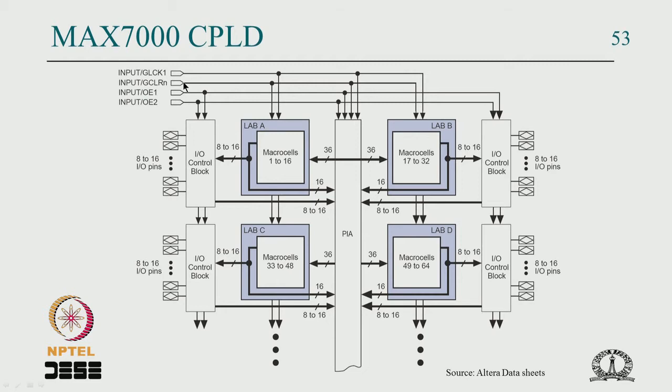Similarly there is a global clear, that is an asynchronous reset which can be connected to the flip flop. Once again, if it is not being used, it can be used as an input to this huge switch. And similarly you have output enable, because there are tri-state gates which can choose 2 output enables, either of them depending on your need, or you can choose to permanently enable it, permanently disable it and so on.